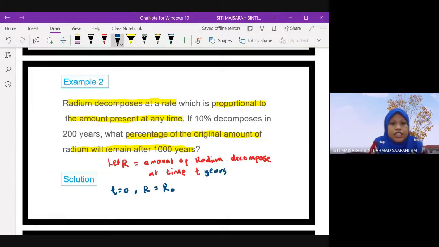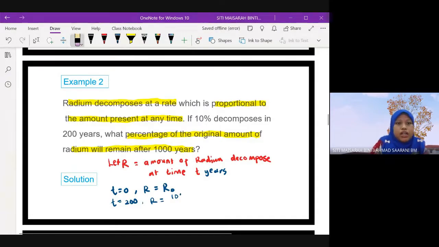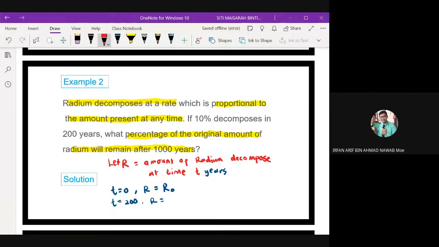So jadi yang kat sini dia bagi tahu lagi satu bila T 200, R dia berkurang sebanyak 10%. Bermaksud 10% adalah 0.1 ni.